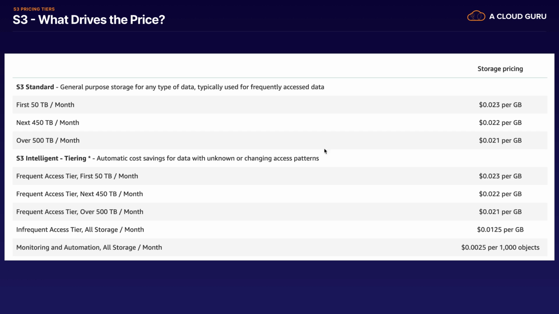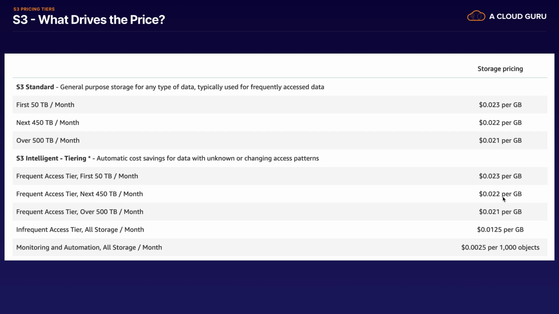Now you'll notice that S3 Intelligent-Tiering is exactly the same price for those different ones. However, it gives you access to the infrequently accessed tier, and the infrequently accessed tier is 1.25 cents. So it does make sense, instead of just using normal S3, if you want to have the ability to save some money, you could use Intelligent-Tiering, and then that way you've locked in these prices anyway.